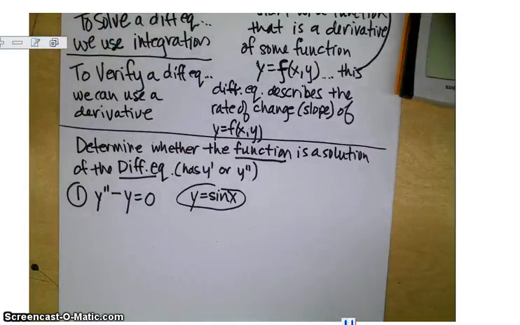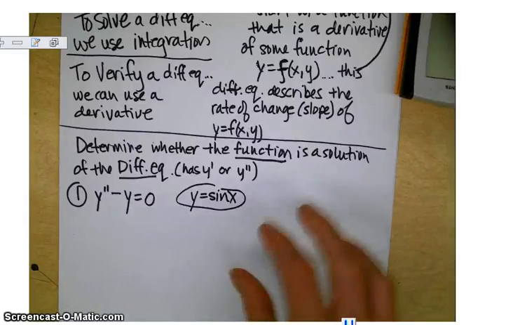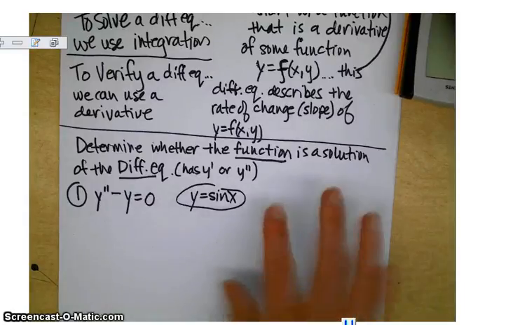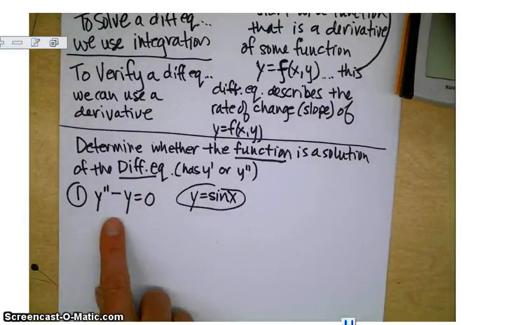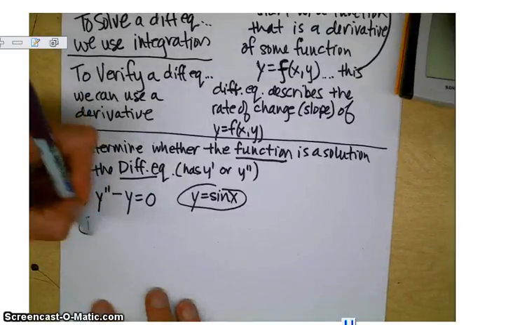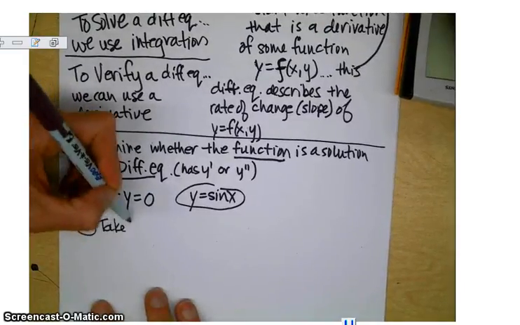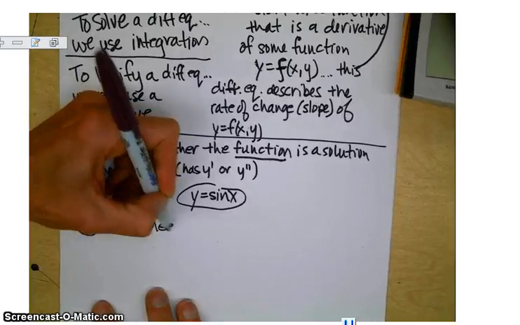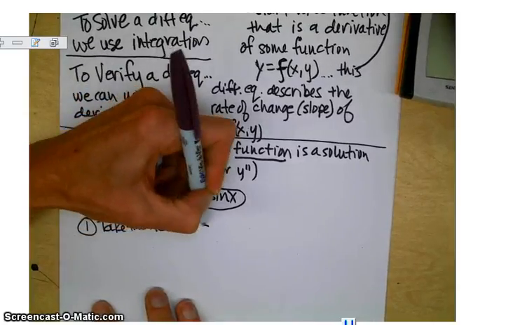But I don't need its first derivative, I need its second derivative. And then I'm going to fit that derivative into this equation and see if it could possibly work out. So, first thing I'm going to do is take the needed derivatives.